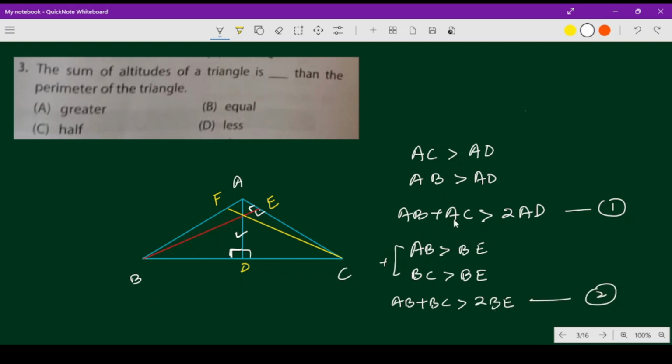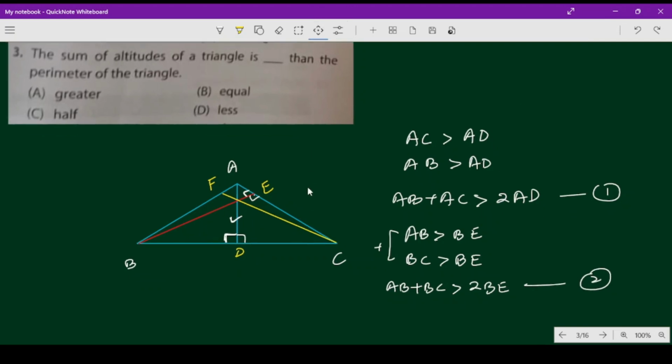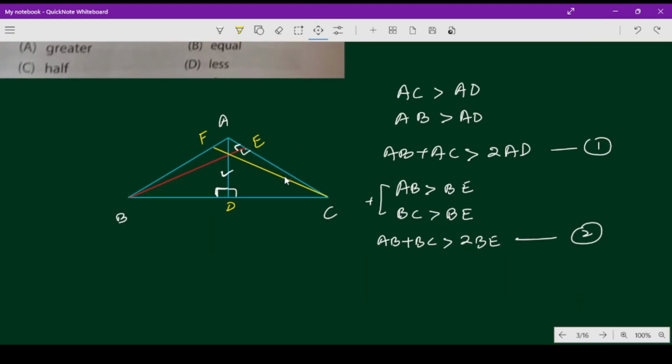Mark it as 2. The same way, if we go for this altitude CF, over here this is 90 degree and here also 90 degree. It means the opposite of this 90 is AC, so AC will be bigger than CF, so we can mark it as AC bigger than CF.